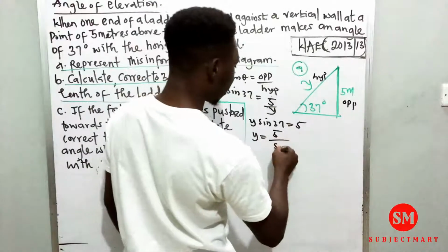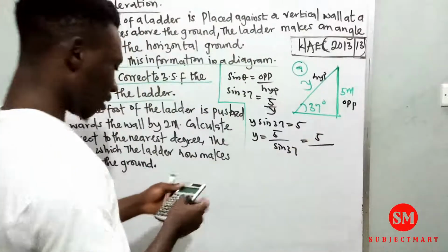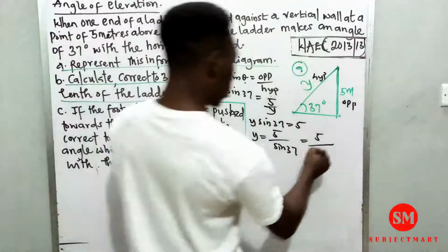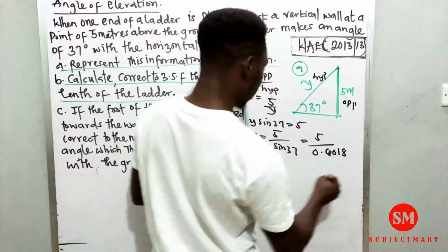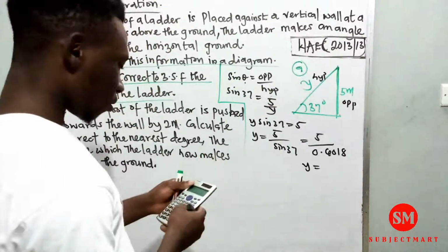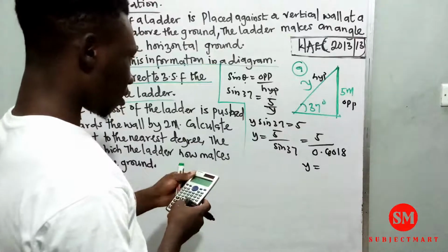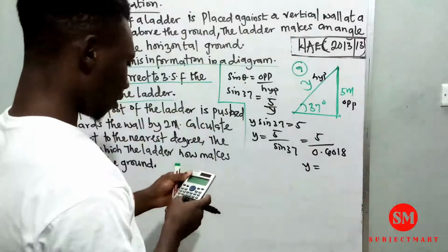5 over sine 37. What will sine 37 give us? Sine 37 is equivalent to 0.6018. So y here is equal to 5 divided by 0.6018.